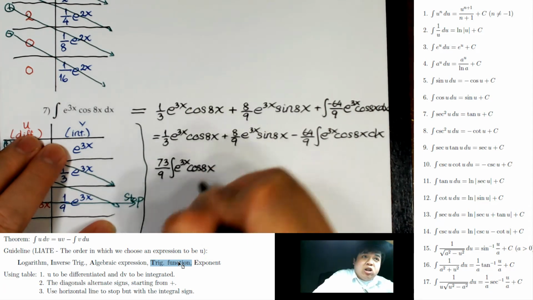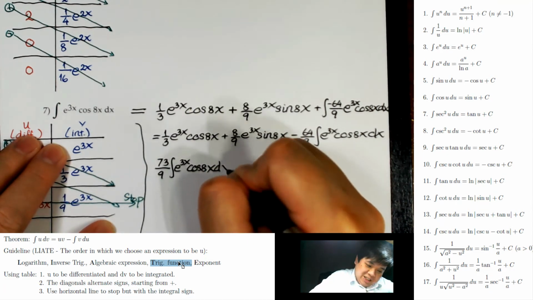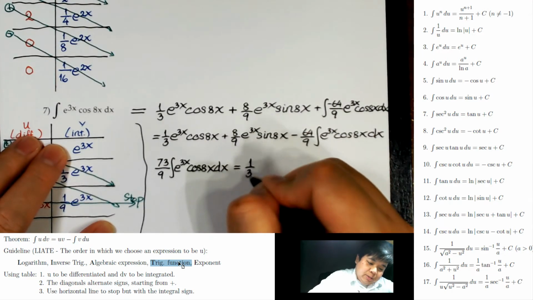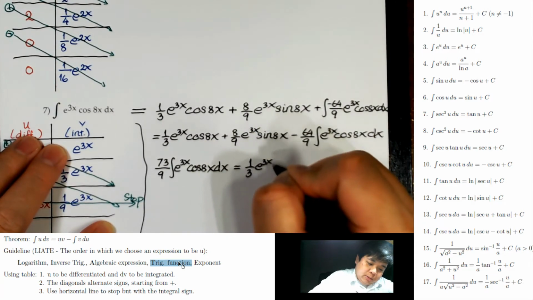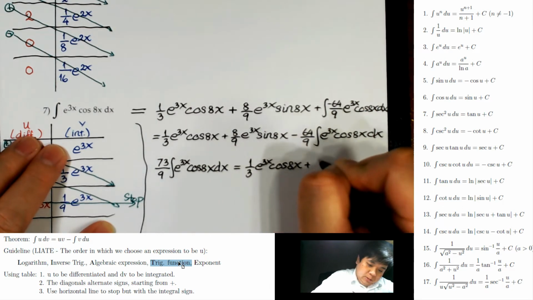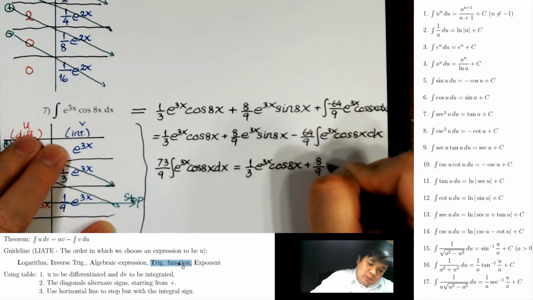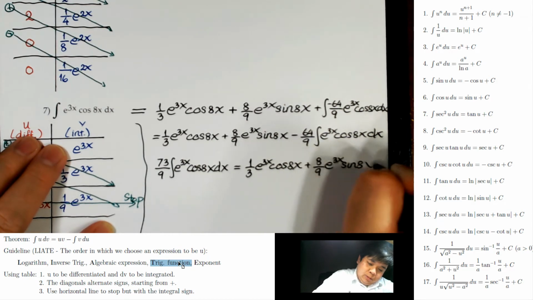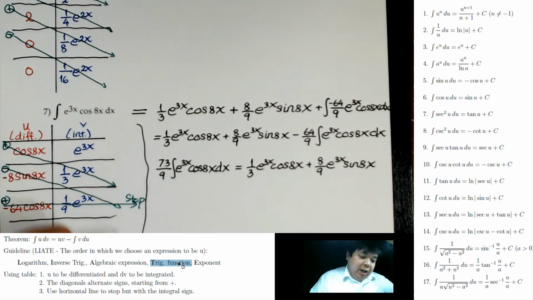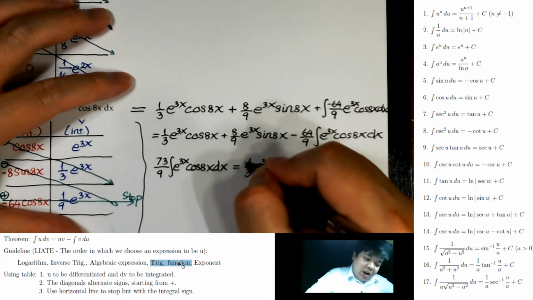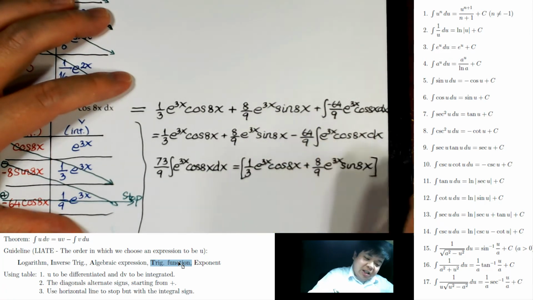Then we multiply by the reciprocal, 9 over 73, on both sides.